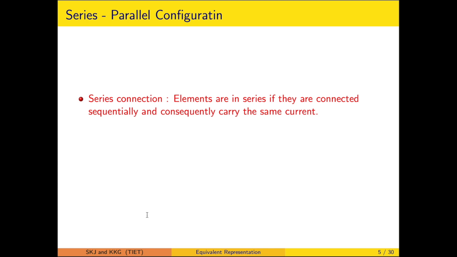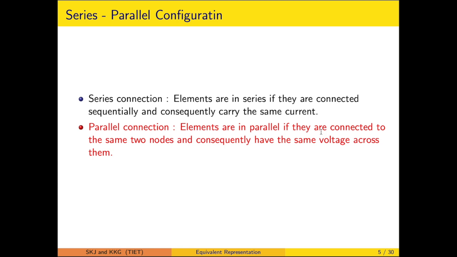So first understand what is the meaning of series connections. When the components are connected sequentially and consequently carry the same current, they are classified as series connected elements. The important point is they are connected sequentially and carrying the same current.